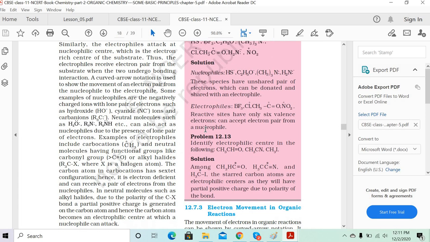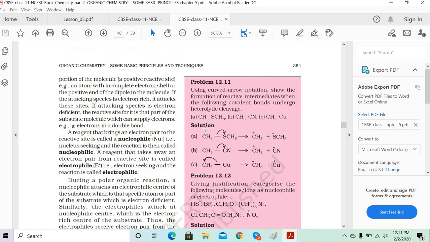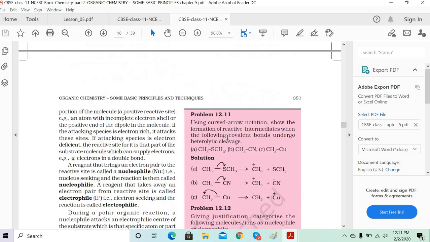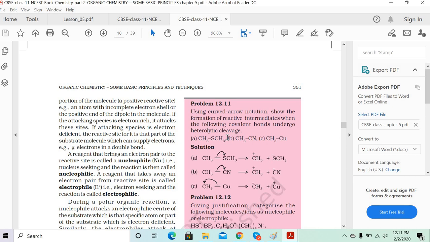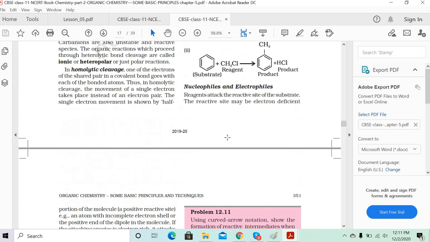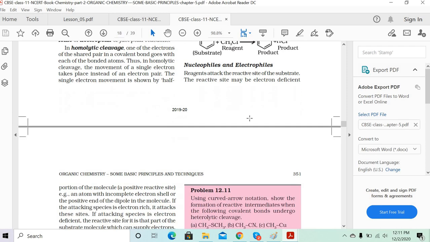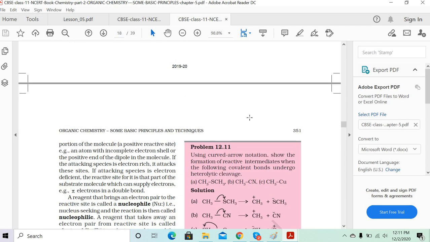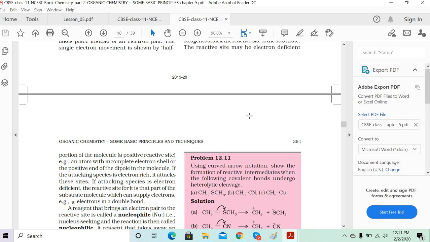Okay, let's go to the nucleophile part now. First we understood what is called substrate and what is called reagent, right? Okay, good. Now we need to understand what is called nucleophile and what is called electrophile. First thing to remember: the nucleophile is always nucleus loving.